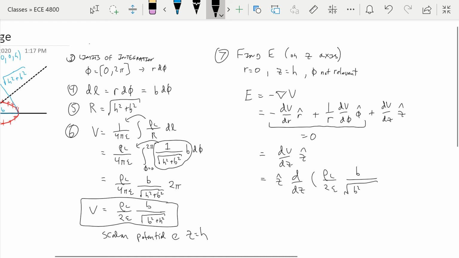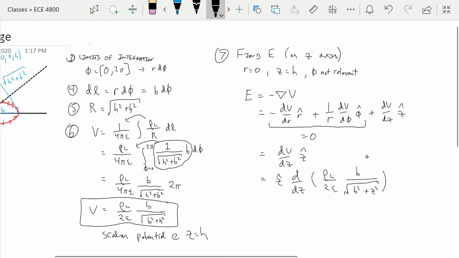When we're trying to find the gradient, we have to take the derivative of the electrostatic potential with respect to z, right? This h represents a coordinate on the z-axis, so we actually have to put z here. Okay. Right, because we're trying to find the derivative of the electrostatic potential with respect to where we are on the z-axis. So z is a variable here.